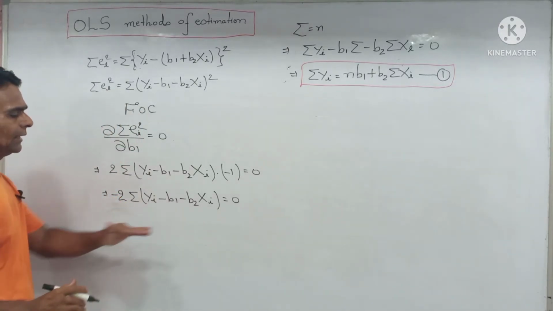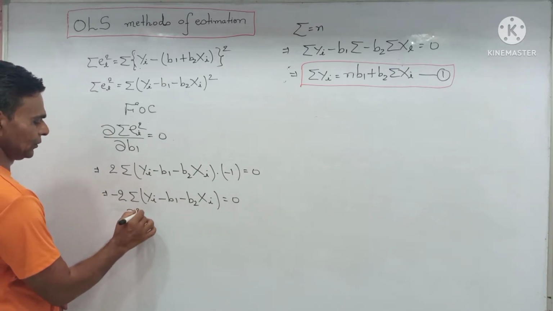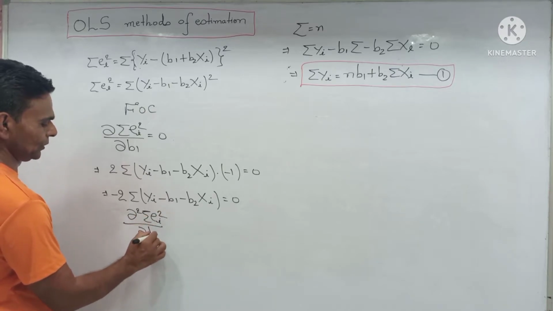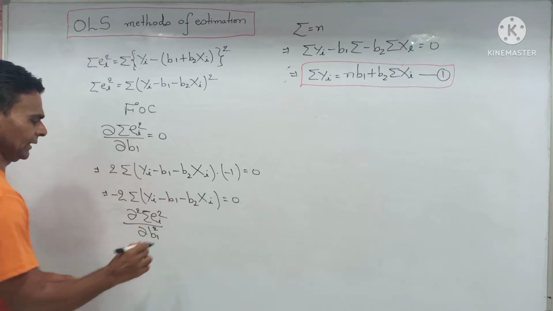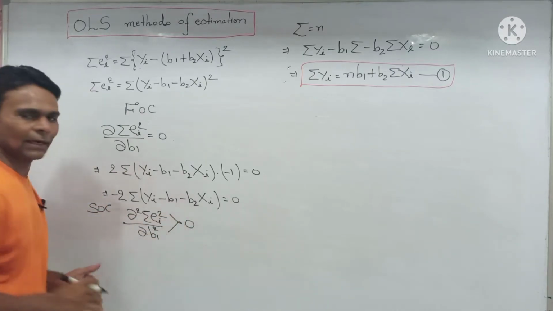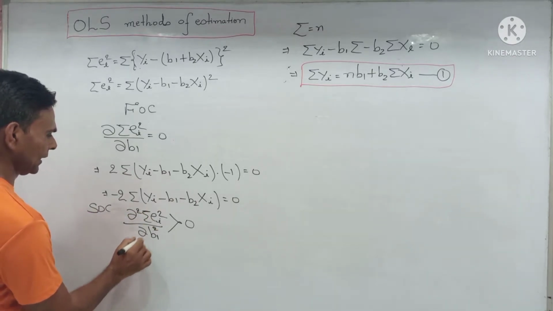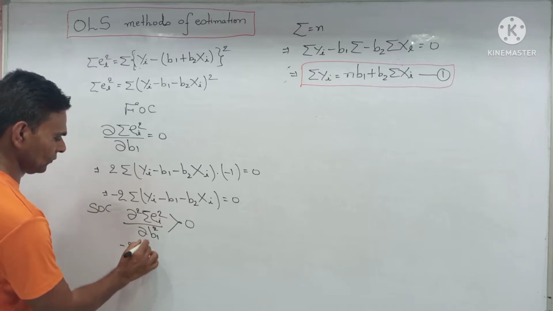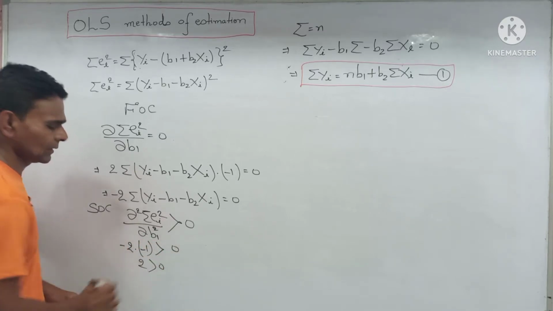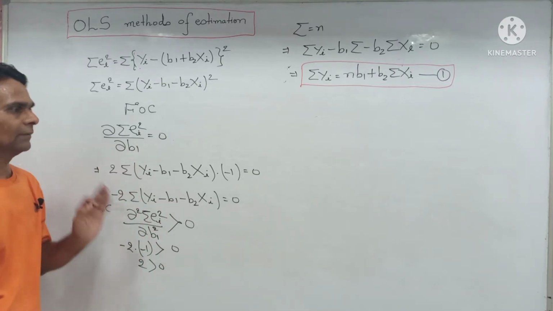If we take the second order derivative, del 2 summation of e square with respect to b1, the second order condition must be greater than 0. Minus 2 is already there and minus 1 comes, and minus into minus gives plus 2, which is always greater than 0. Hence the second order condition for minimization is satisfied here.